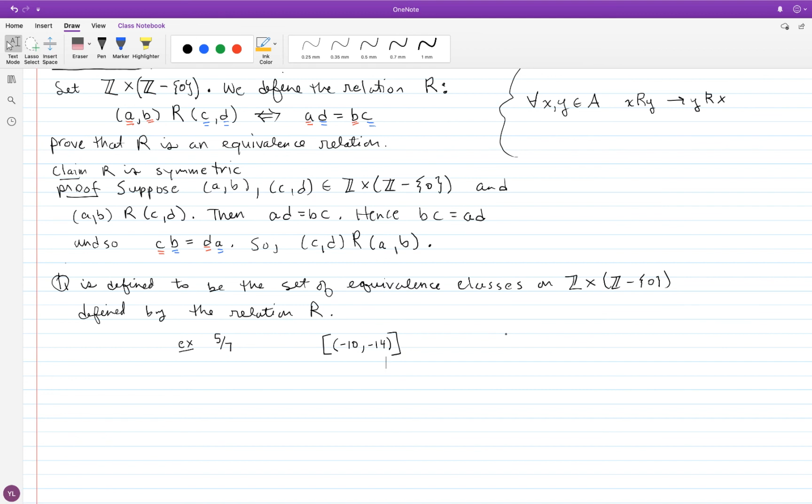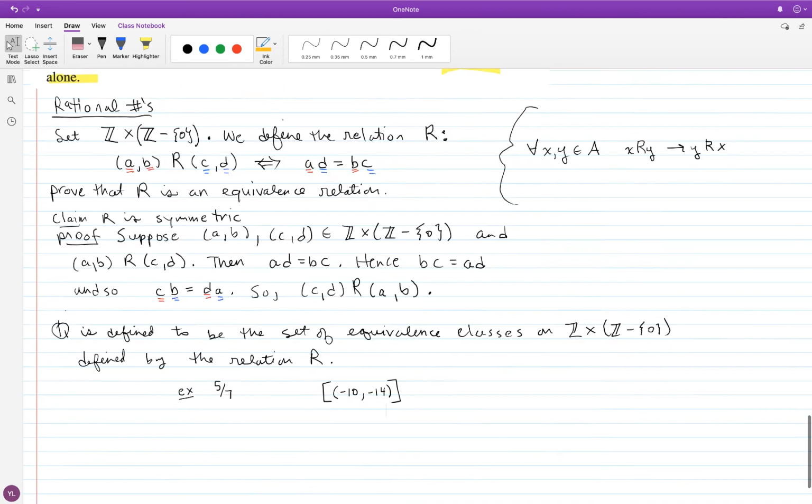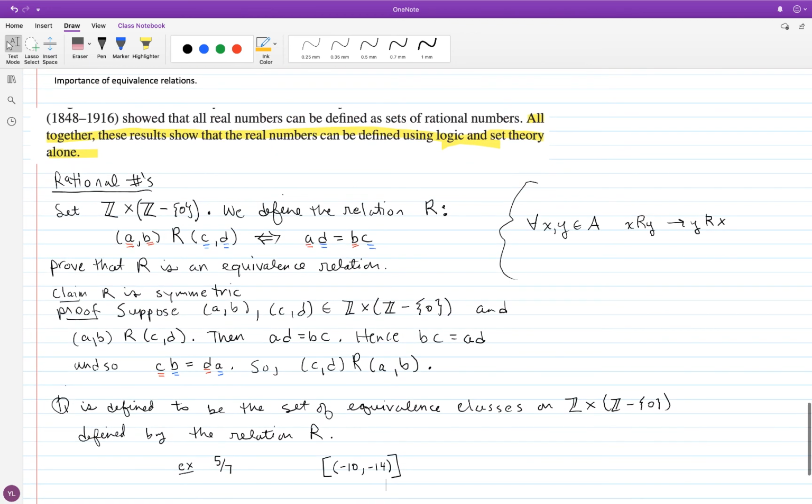So you can define the real numbers to be certain subsets of rational numbers. The other one is to define the real numbers to be equivalence classes of Cauchy sequences of rational numbers. So there's the term equivalence classes coming in yet again. But anyway, when all is said and done, the importance of equivalence classes is apparent in this construction here. And you will encounter equivalence classes in pretty much any other area of math.